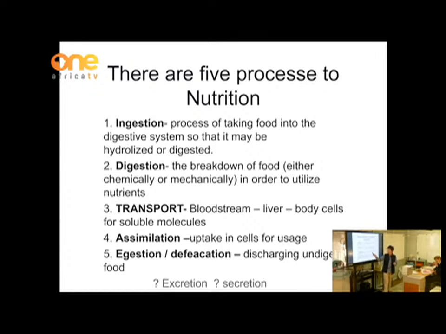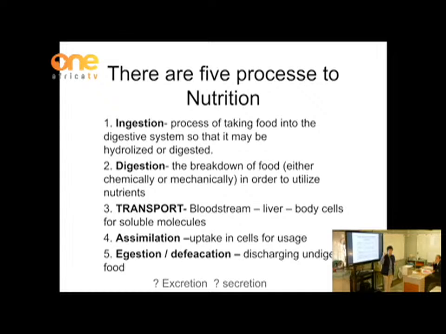Then transport through the bloodstream, but we also know that we have the lymphatic system that will help in transport of some of the molecules. Assimilation, the uptake into the cells. And inside the cells, it will need to have a specific function. Now you have to remember, what is the function of proteins in my body?